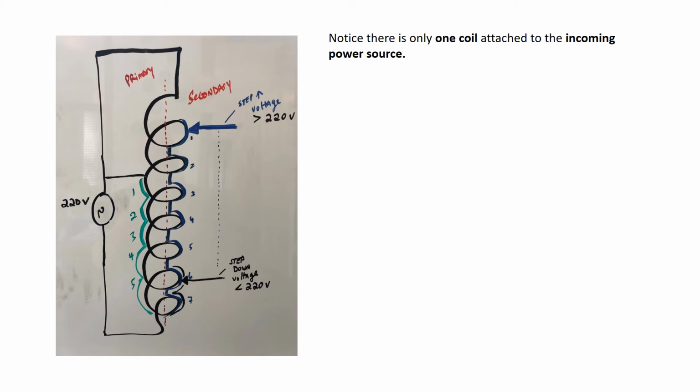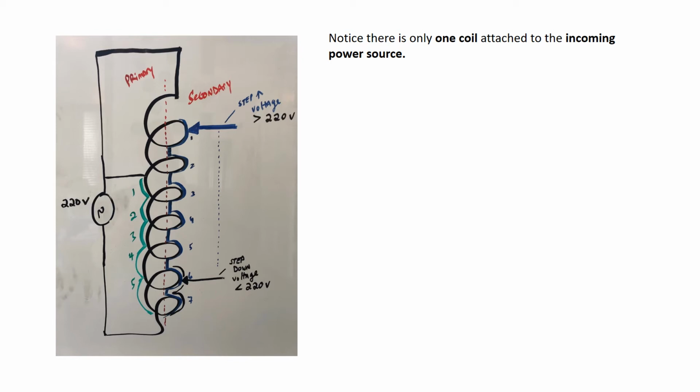If we look at the thinner arrow, now on that secondary side, I've only tapped off 2 coils. This would be 6 and 7. So now I've got 5 coils on the left-hand side, the primary, but now only 2 coils I'm tapping off on the secondary.